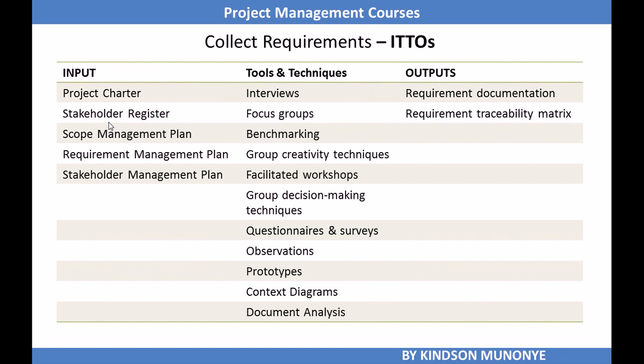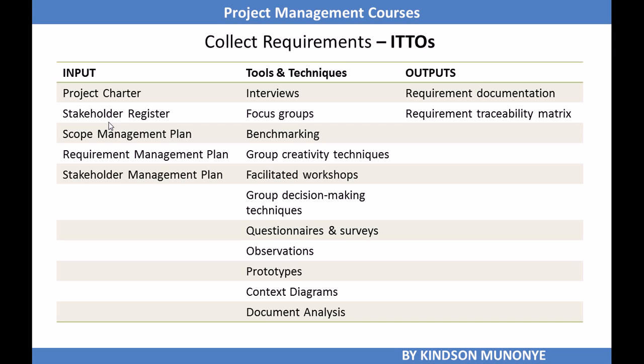The collect requirement process has quite a lot of tools and techniques. The inputs are the project charter, stakeholder register, scope management plan, requirements management plan and stakeholder management plan.